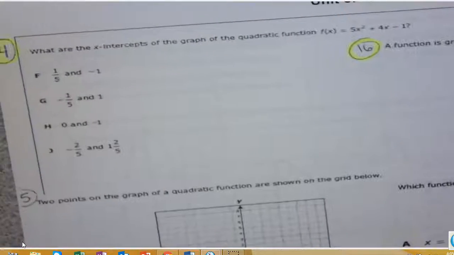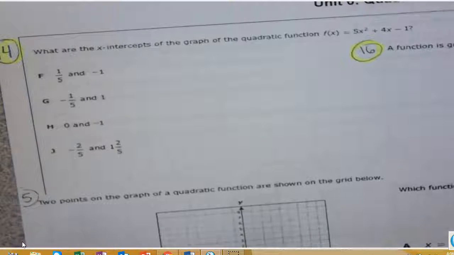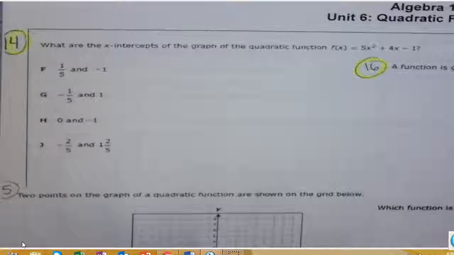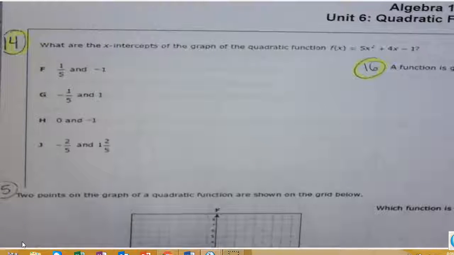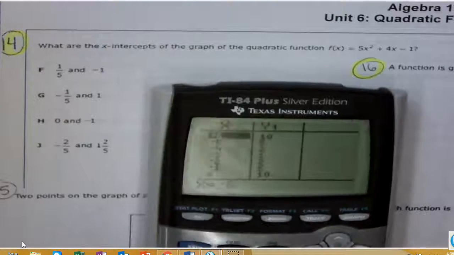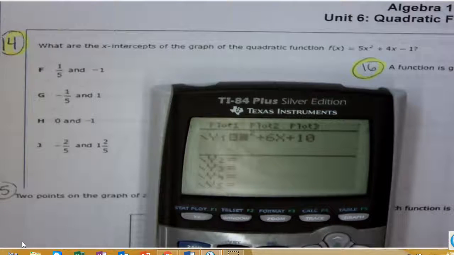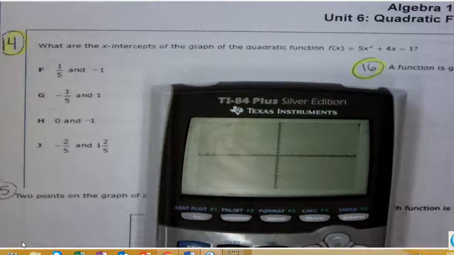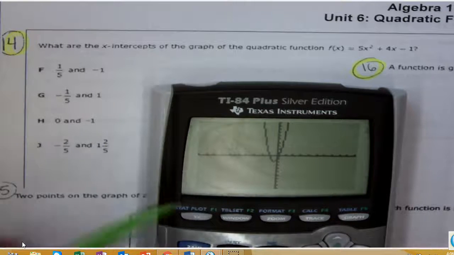Okay, let's go on to, again, what are the x-intercepts of this? So again, I'm just going to plug this into my calculator and do 5x squared plus 4x minus 1. I'm going to look at my graph just to see what this kind of looks like.